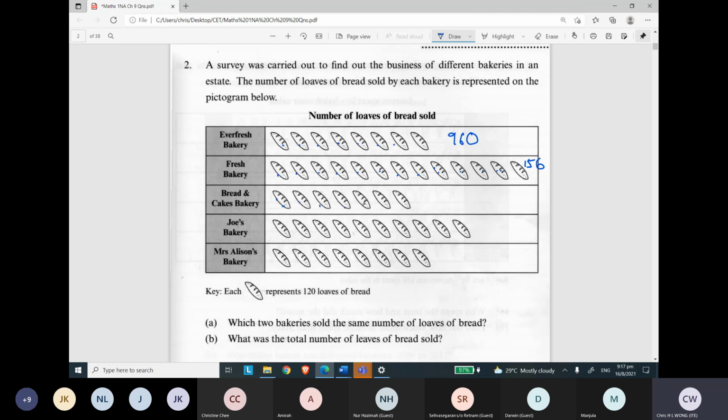1, 2, 3, 4, 5, 6, 7, 7 times 12 is 84, right? Mr. Wong, it's not 12, it's 120 loaves of bread each. Each bread represents 120. So this one makes 156. 1, 2, 3, 4, 5, 6. 13 times 120.